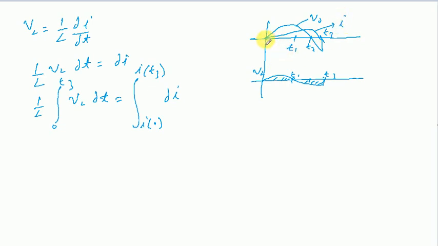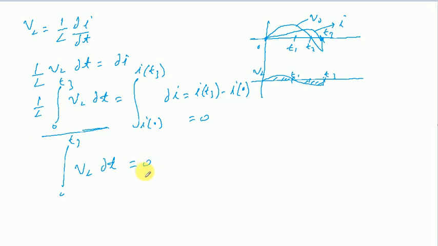So we can see that at time t equal to 0 at this point, and at time t equal to t3 at this point, the value of the current waveform, if we evaluate this integral, was in fact equal to 0. So with the help of this we can equate this side of the equation to 0 as well, and that will result in this function.